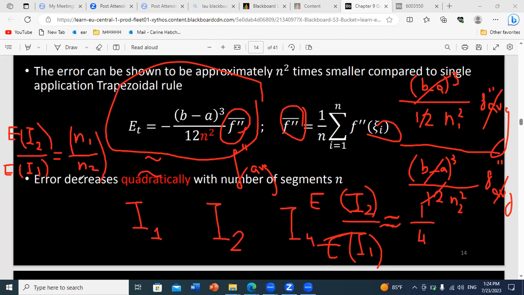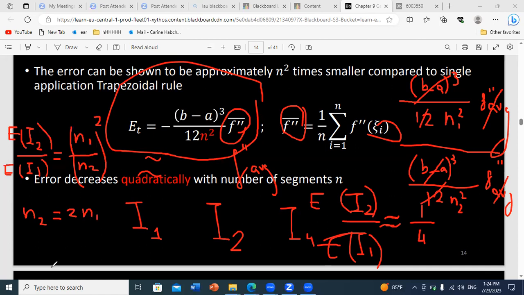This is why we say in the trapezoidal method, if we double the number of segments, this means that we are taking the particular case of n2 equals 2 n1. So when we double the number of segments, we can always say that each time I double, the error is divided by 4.